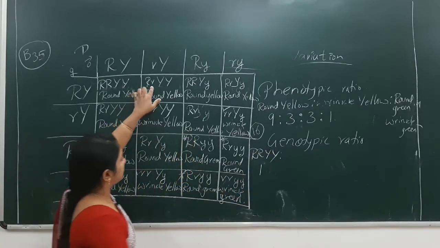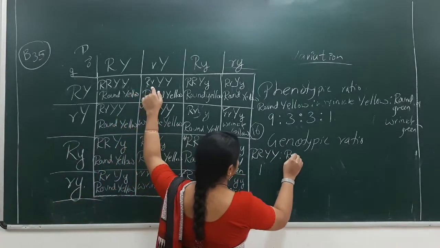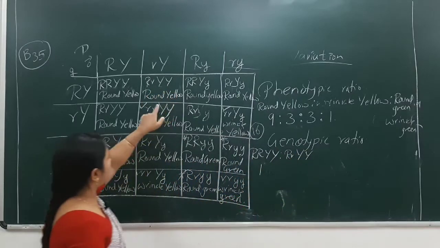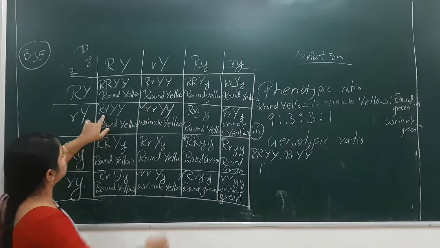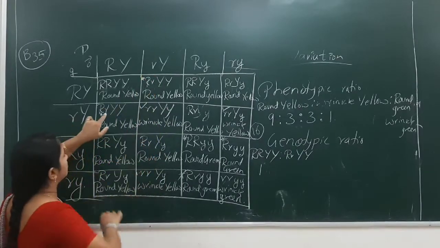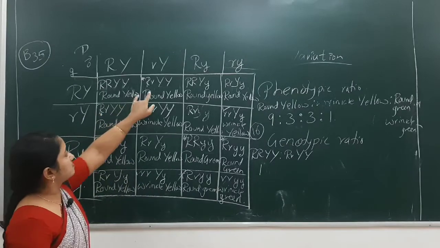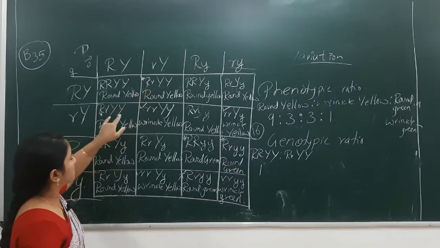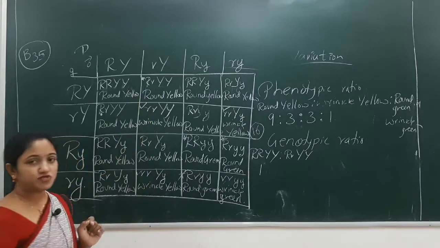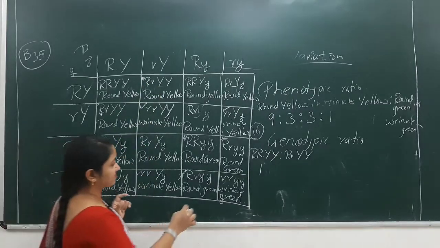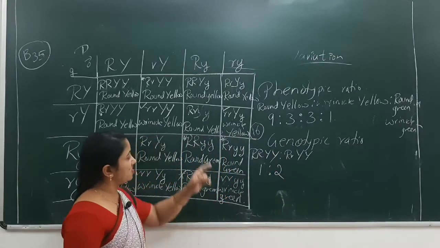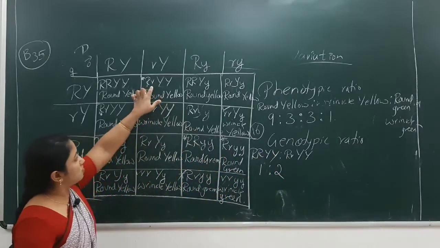The next is capital R, small r, capital Y. Count it here. 2, 2 offsprings are there having the same genotype, that you have to write here as 2, because we got 2 offsprings here.